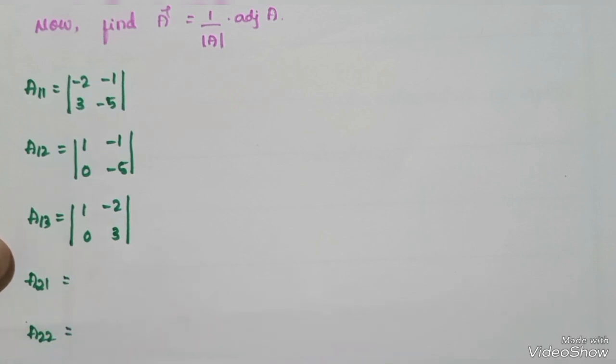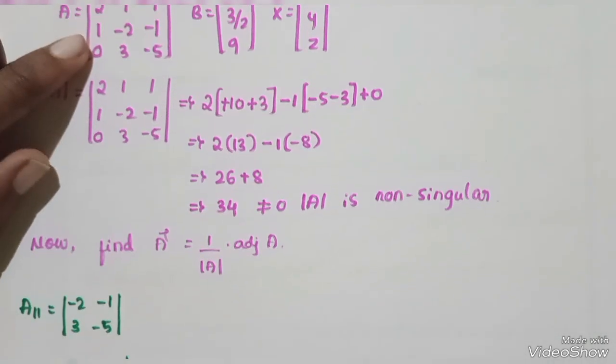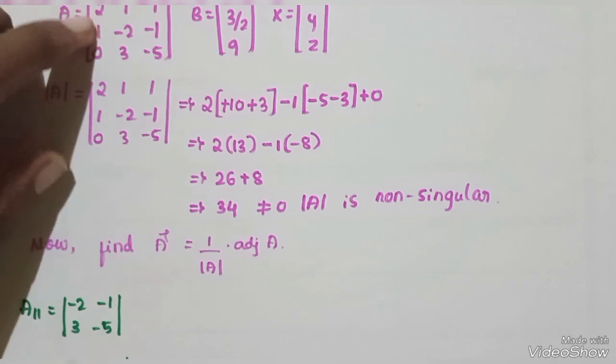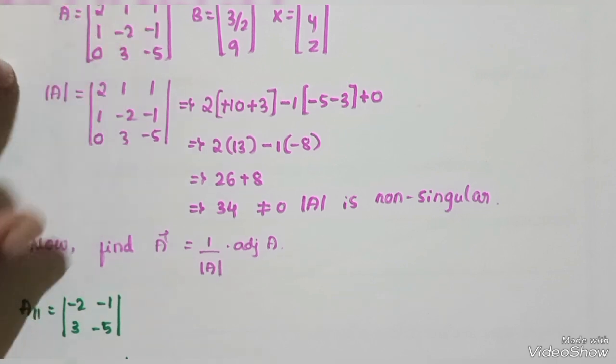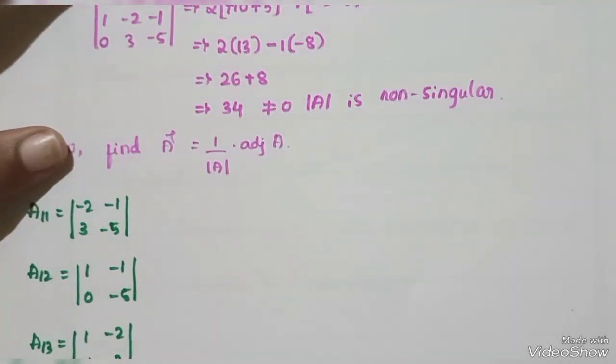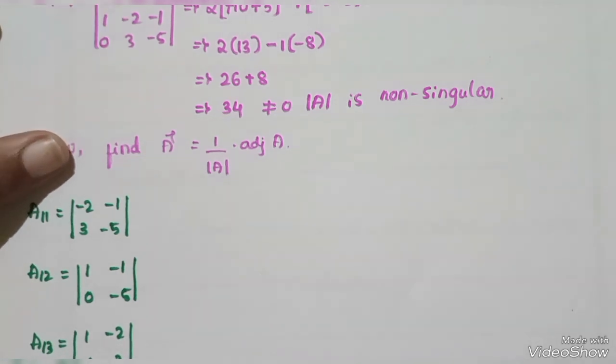First we have to write each of the cofactors. Now A21 for the second row. Deleting this row and column, we get the determinant 1 1, 3 minus 5. Again for the middle element, 2 1, 0 minus 5.